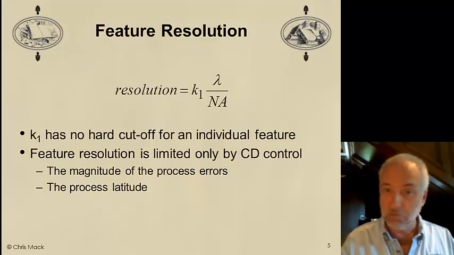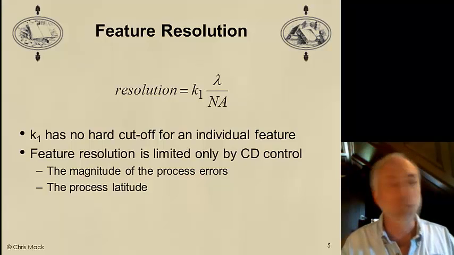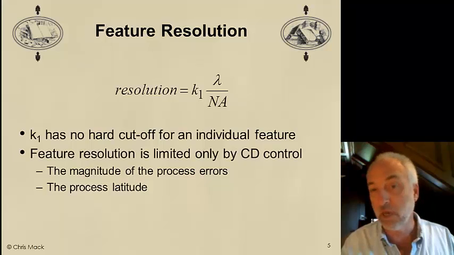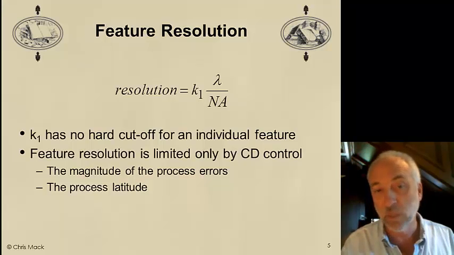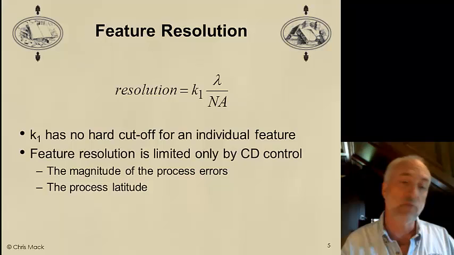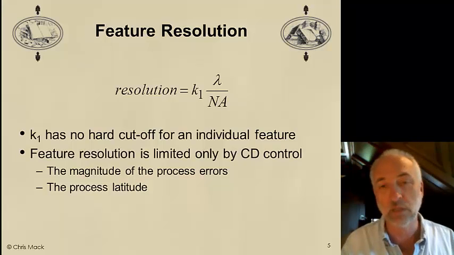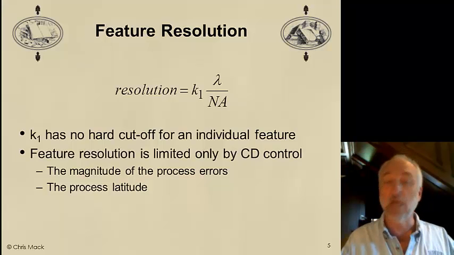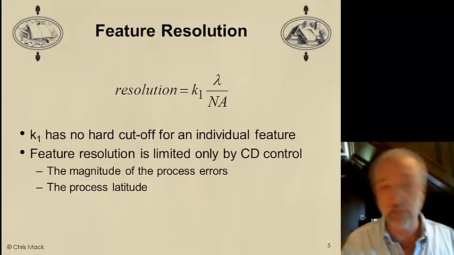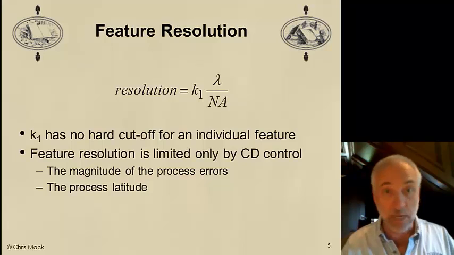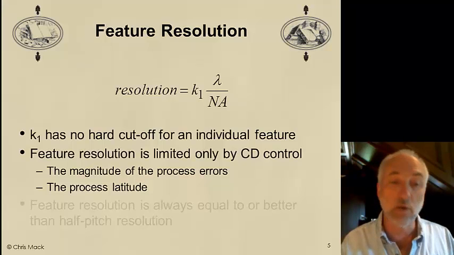And this is maybe a little strange to say: if we can improve the temperature uniformity of our hot plate, we have better resolution. Or if we can reduce the sources of focus errors that exist in our process, we can live with a smaller depth of focus, and that enables better resolution. But that's the way it is. For feature size, there's no hard cutoff. It's a matter of how well we can control.